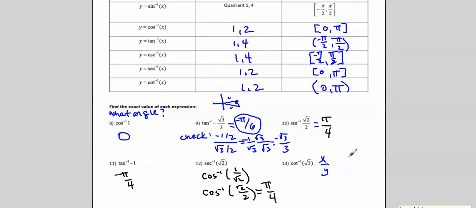So I'm thinking it's going to be pi over 6. And I'm going to check that answer by dividing the x by the y. The x is root 3 over 2. The y is 1/2. The over 2's cancel. I get root 3 over 1, which is root 3. So my answer is pi over 6.